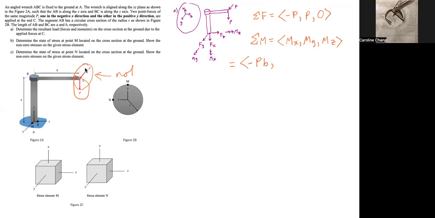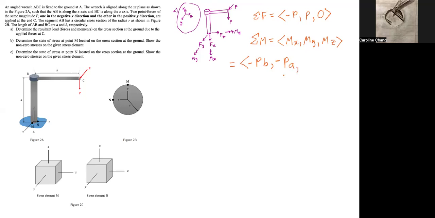So we are only concerned with the P force in the negative x direction, which is this force over here. By the right-hand rule, it will cause a moment in the negative y direction. So My will be negative and given by negative P at an r length of a over here. So negative Pa.